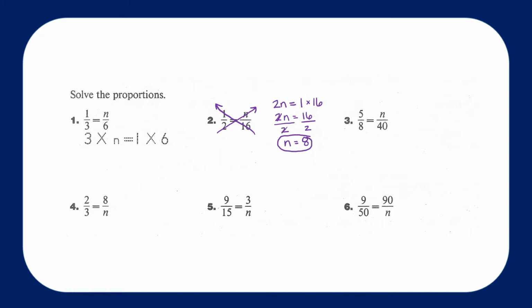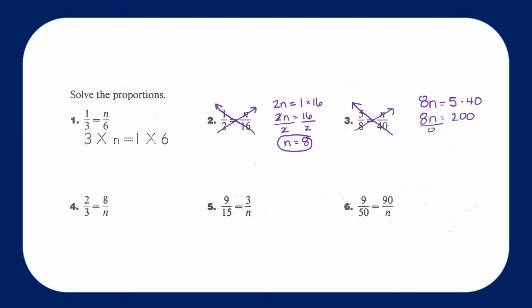Question number 3. 8n equals 5 times 40. 8n equals 200.